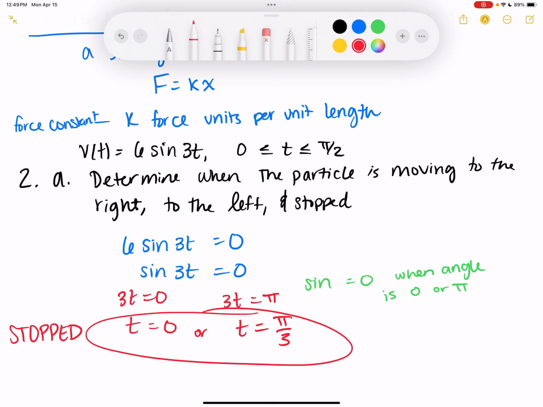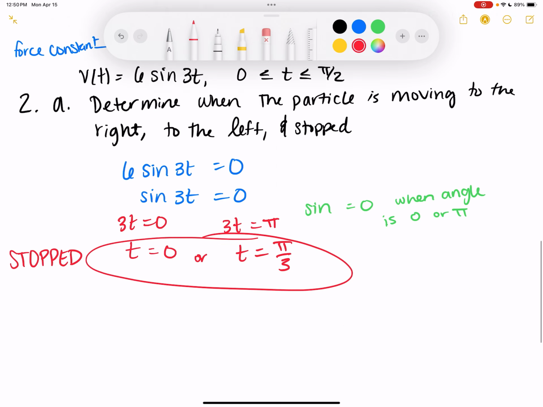So I'm going to have 2 intervals. Obviously, it starts at time 0. 0 is less than or equal to t, less than or equal to pi over 2. So now using these 2 stopping points, obviously it stopped at the initial time, because the initial would be 0. But I'm going to use the pi over 3 to create 2 intervals, and then I'll determine on which interval it is moving left and which one is moving right.